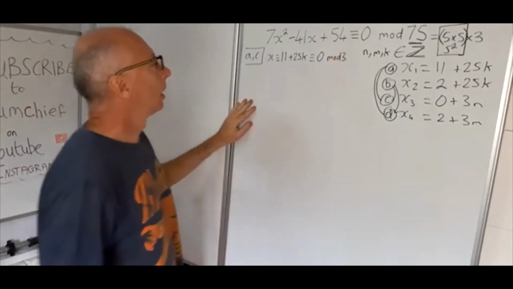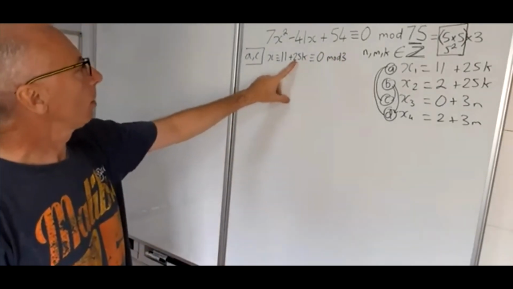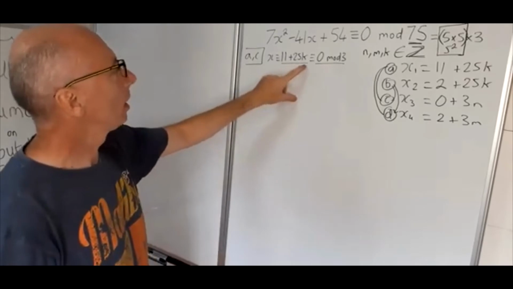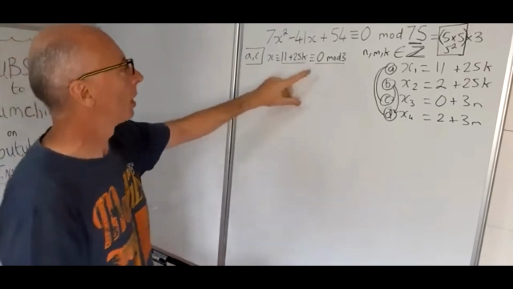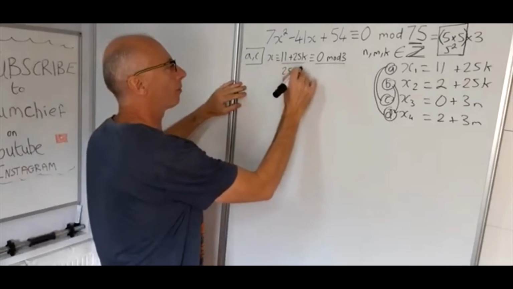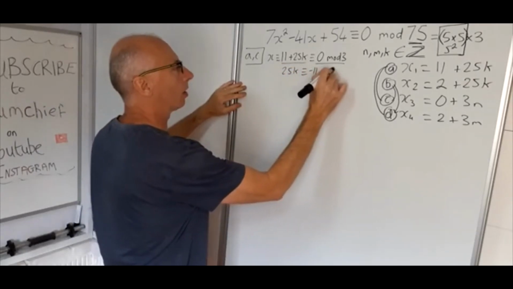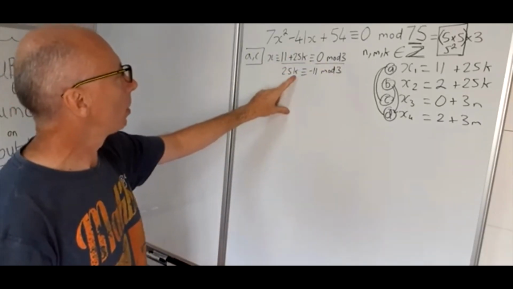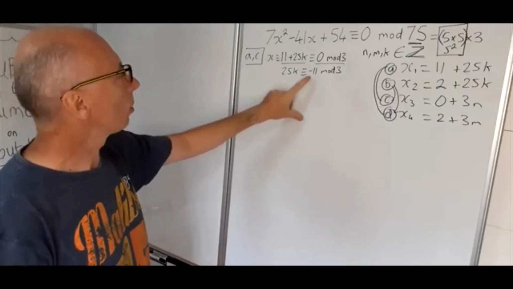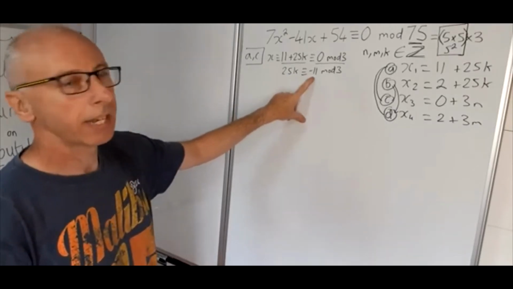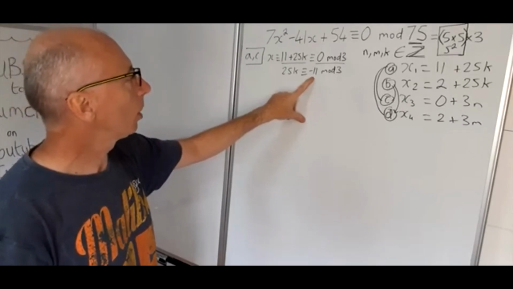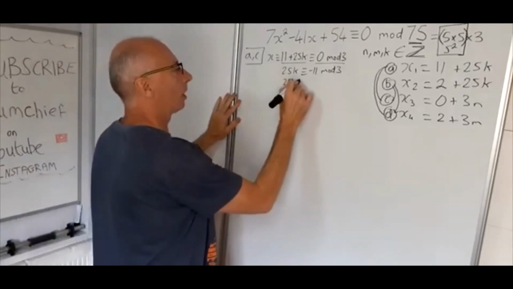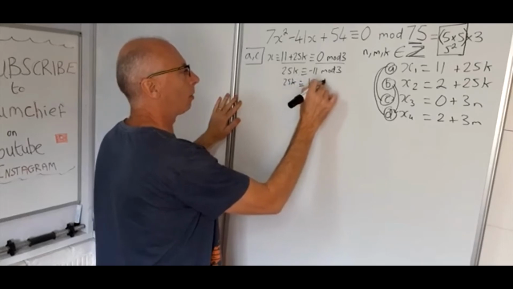So now we take this part and this part, and we get 25k is congruent to minus 11 mod 3. So this 11 comes onto the other side, and now we find a value for k which is congruent with minus 11 mod 3. Well, minus 11 mod 3 will give us plus 1.